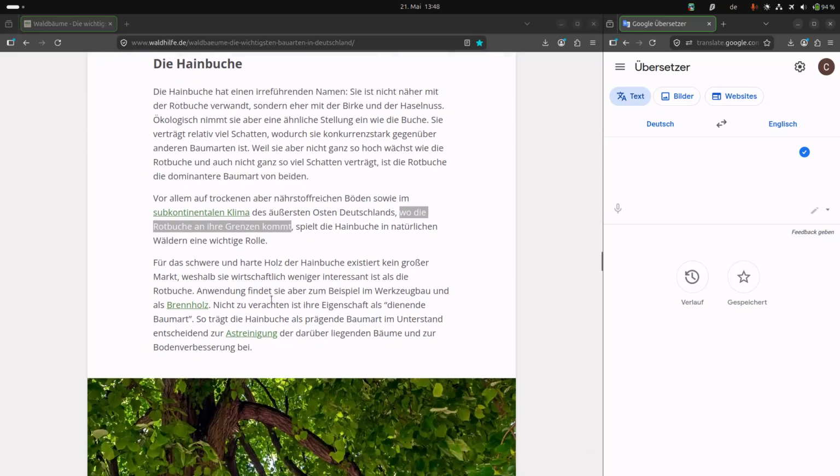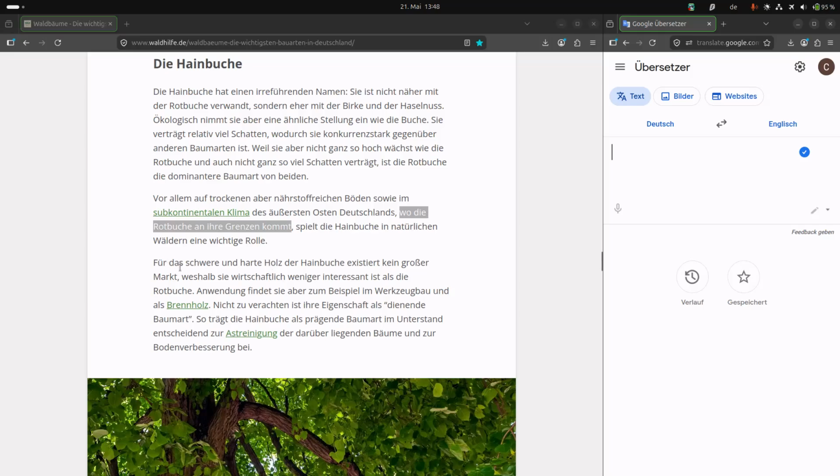So, last paragraph. Für das schwere und harte Holz der Hainbuche existiert kein großer Markt, weshalb sie wirtschaftlich weniger interessant ist als die Rotbuche. For, das, the, neutral form, schwere, because of Holz, which means wood, das Holz.